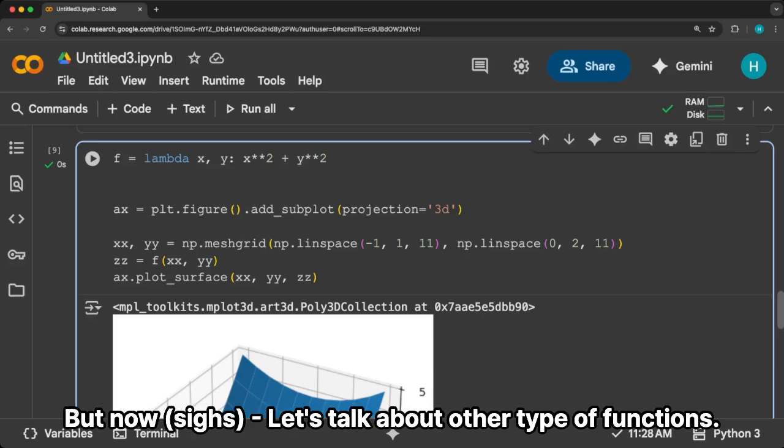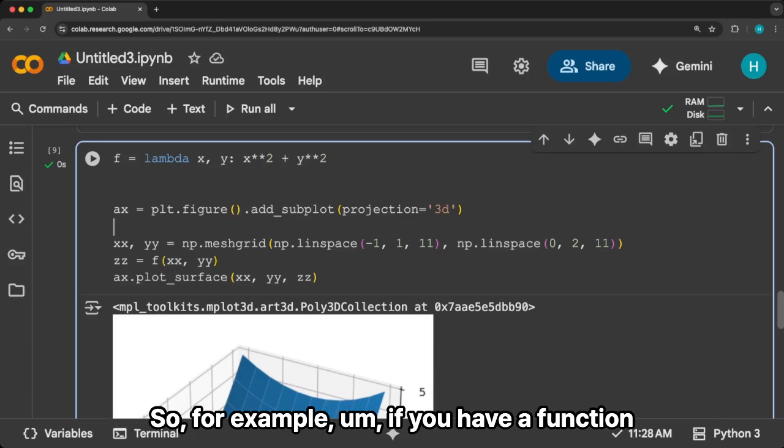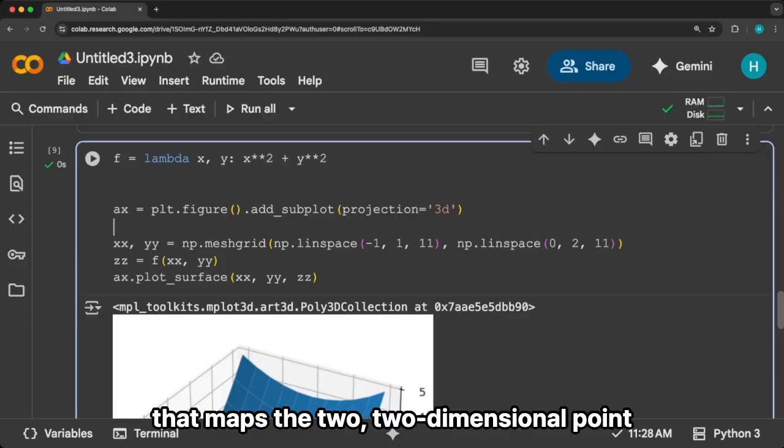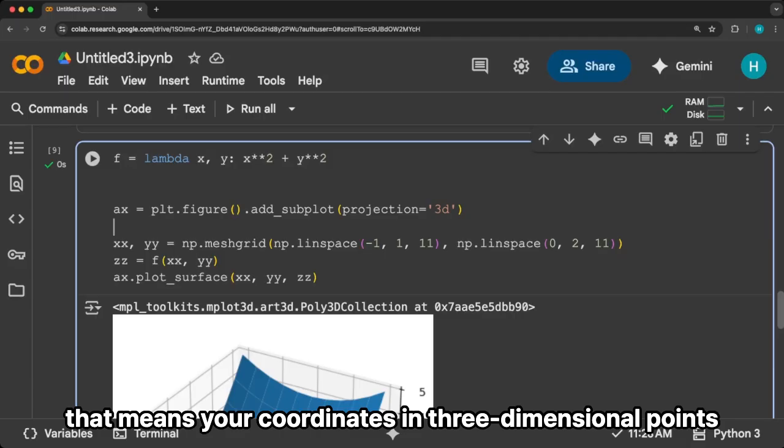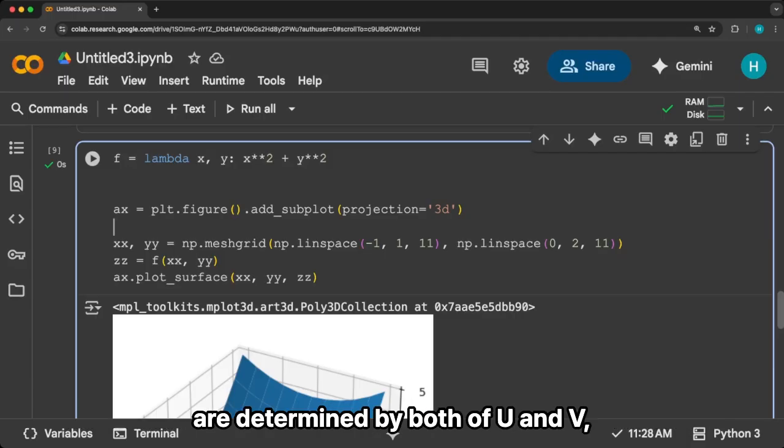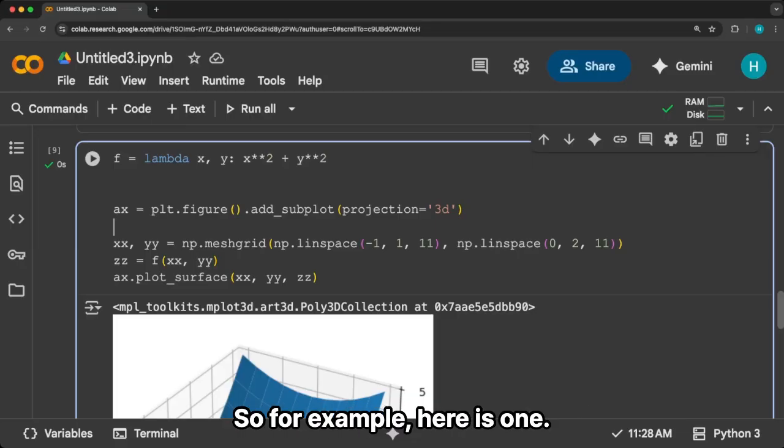But now, let's talk about other types of functions. For example, if you have a function that maps a two-dimensional point to a three-dimensional point, that means your coordinates in three-dimensional space are determined by both u and v, which are independent variables. So for example, here is one.